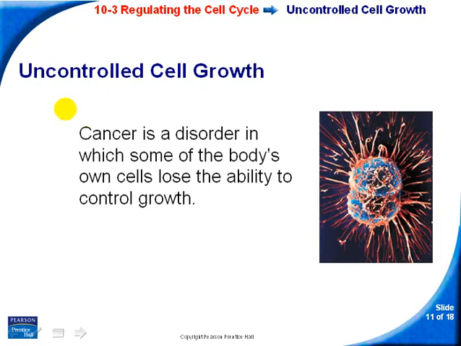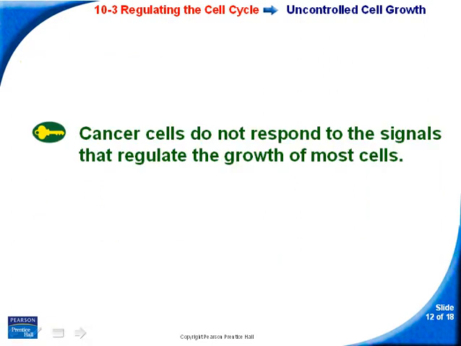Now, uncontrolled cell growth, and this is another topic. We're talking about cancer here, and what happens is with a cancer cell, it doesn't have the ability to control its growth, and they don't respond to the signals that regulate the growth of most cells.